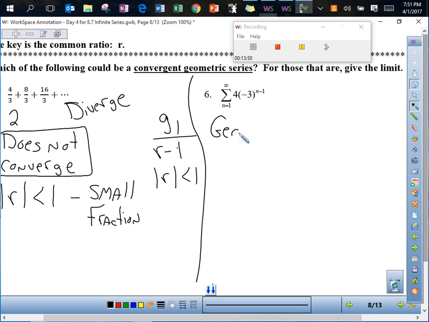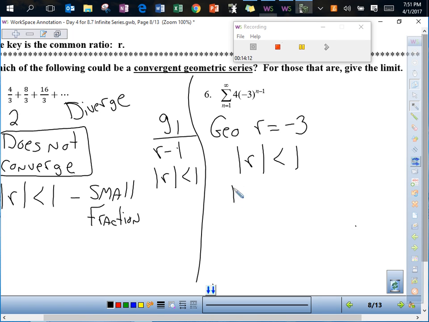The reason I know, my R value is -3. But ask yourself this, is the absolute value of R less than 1? Absolute value of -3 is 3. 3 is definitely not less than 1. So even though this is geometric, it does not converge. So it does not have a limit.